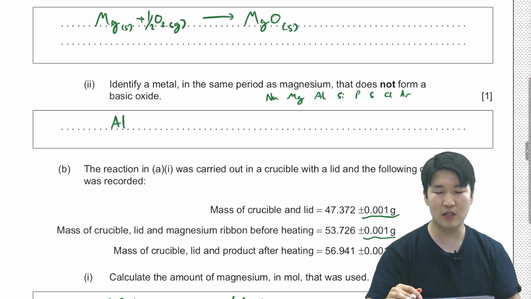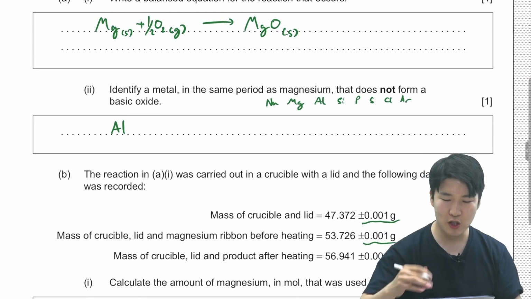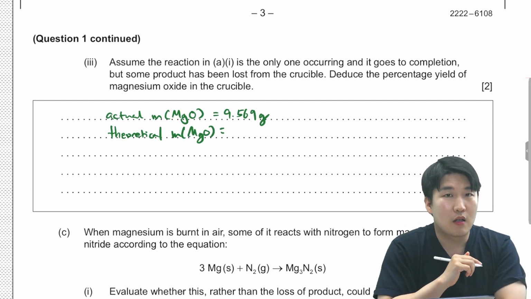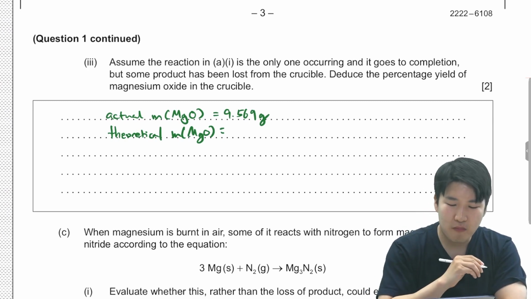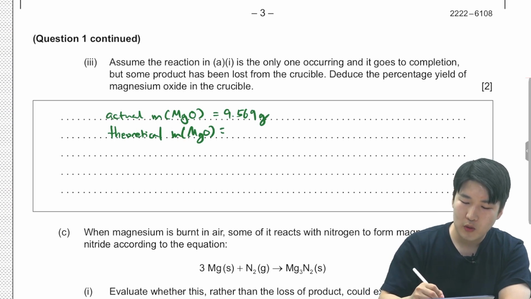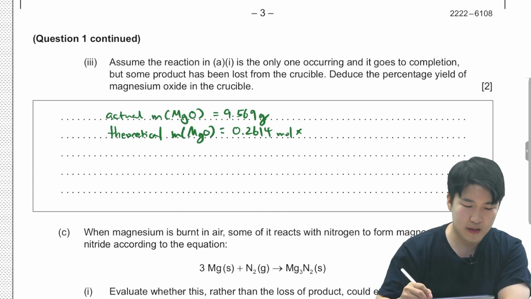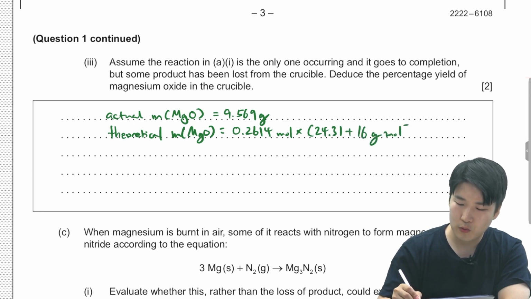We can use this information, 1:1 molar ratio, to work out the theoretical mass of magnesium oxide that should have been produced. Therefore, 0.2614 mole times the magnesium oxide molar mass, which is 24.31 plus 16 grams per mole.